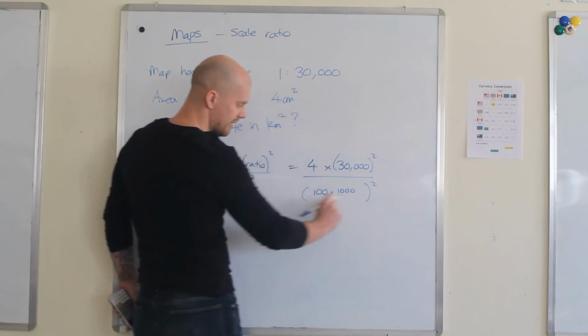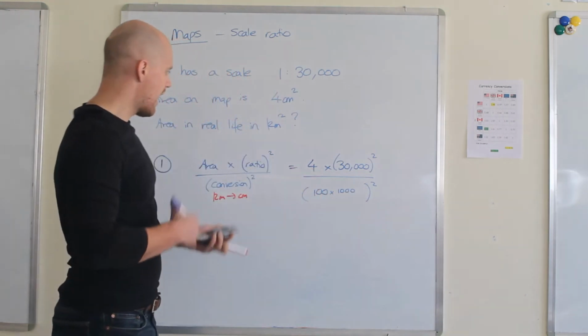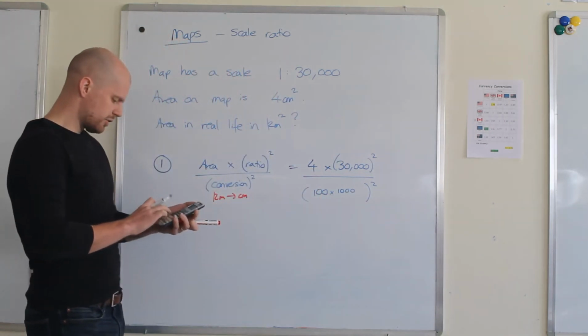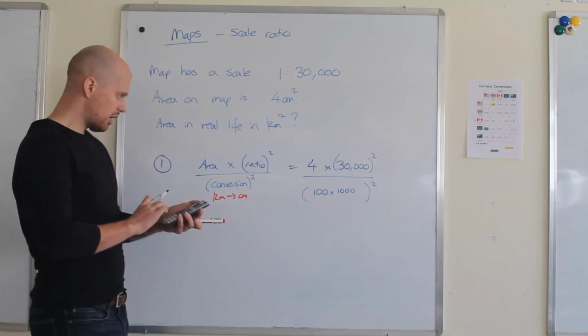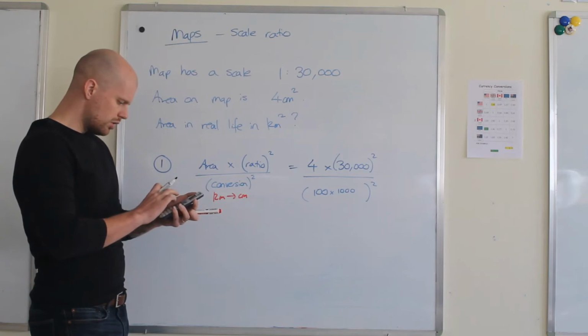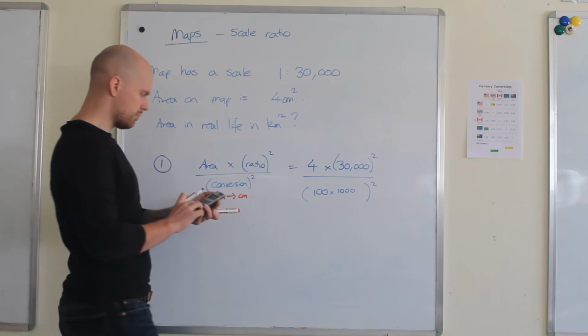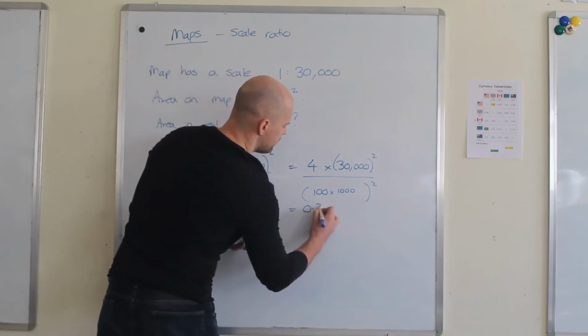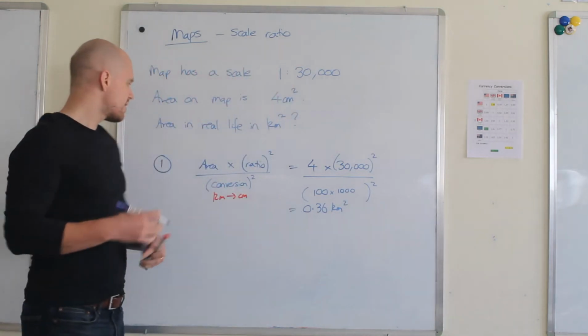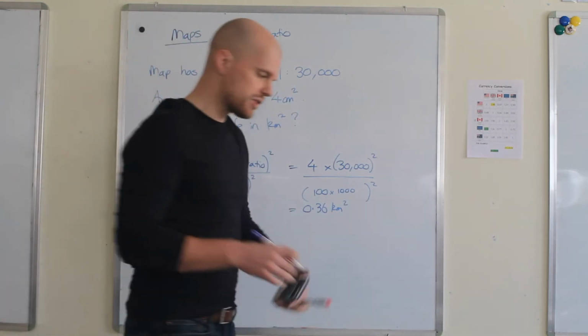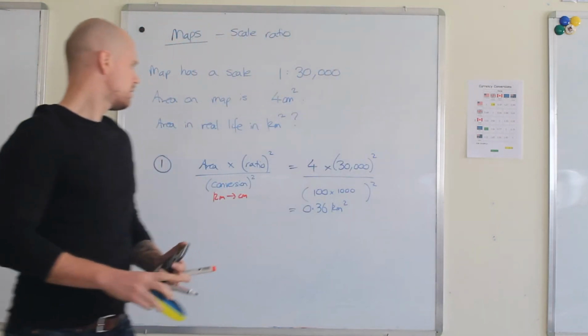Or alternatively, this is 100,000. I put that in my calculator, so I do 4 times 30,000 squared, and I divide by 100,000 squared, and I get 0.36. So that would be my answer. I times it by the ratio squared and divide it by the conversion squared. That's one way of doing it.